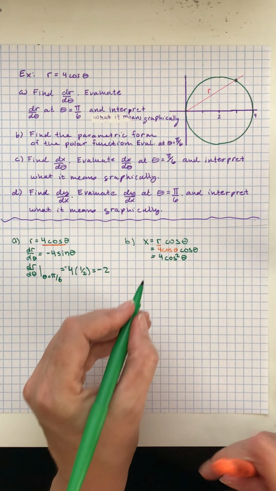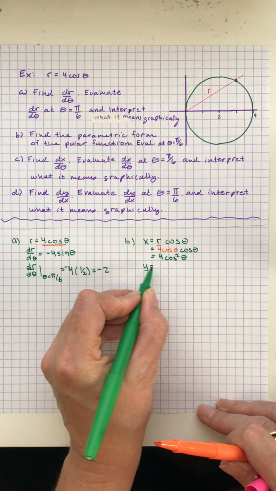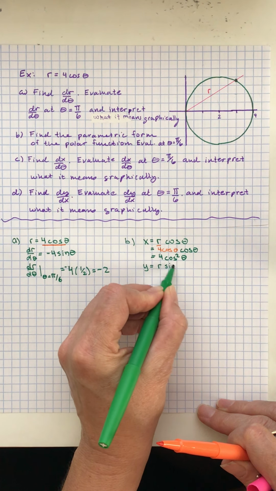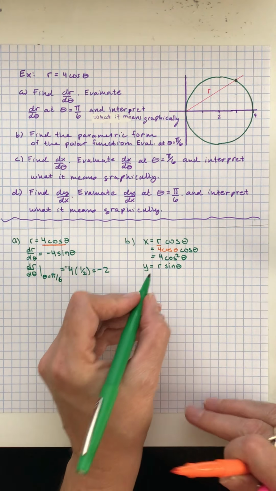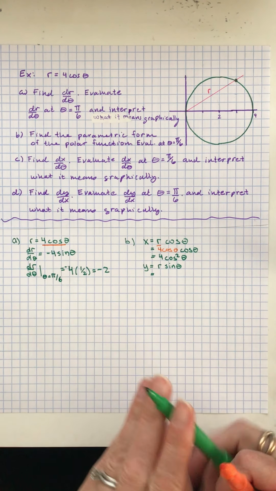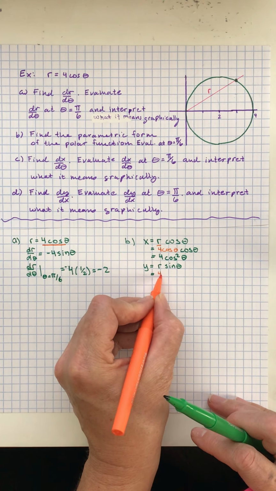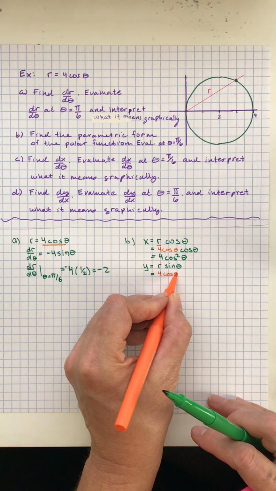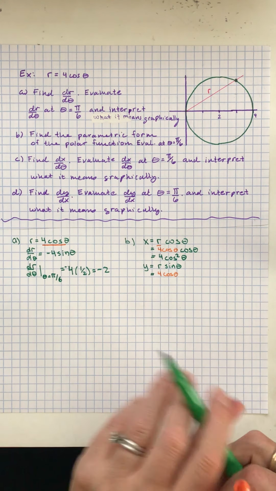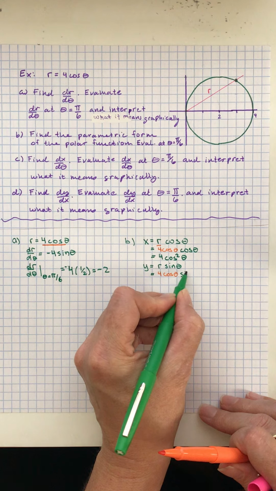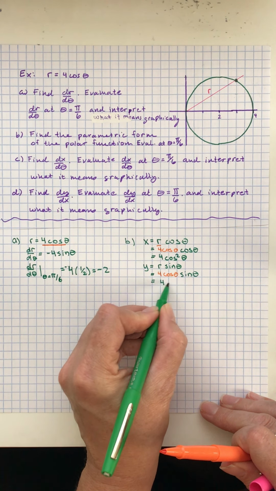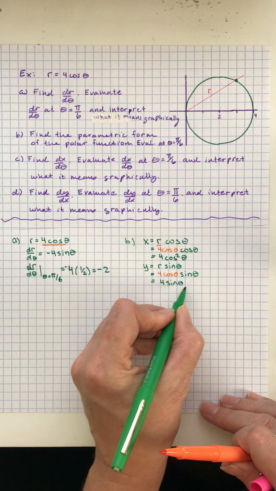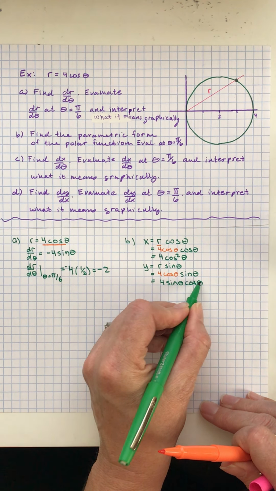And then the y-coordinate I will get by using the formula r sine theta. I'm going to put in the 4 cosine theta for the r, and keep the sine theta that's part of the formula. And so that is 4 sine theta cosine theta.